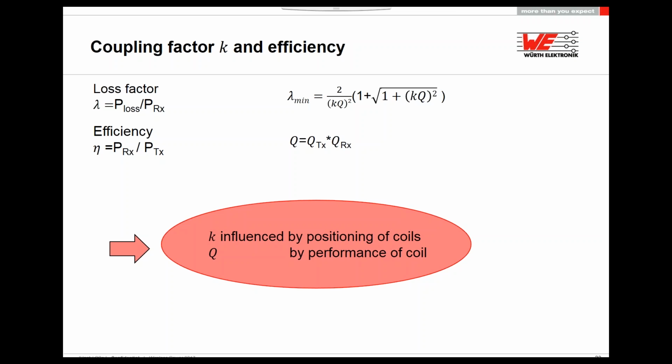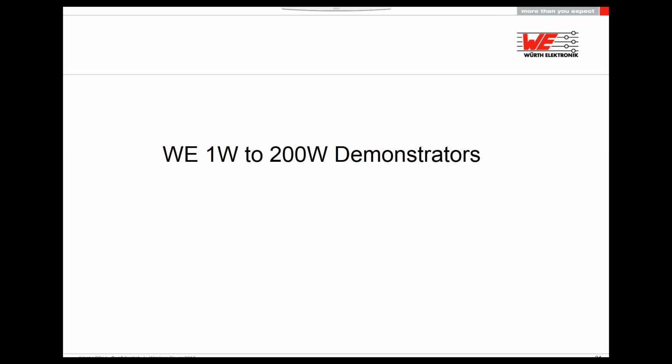If you have a high performance coil with very good ferrite material and high performance Litz wire, then you get additional performance in your overall system. You should always keep this in mind when you are designing and choosing the coils.